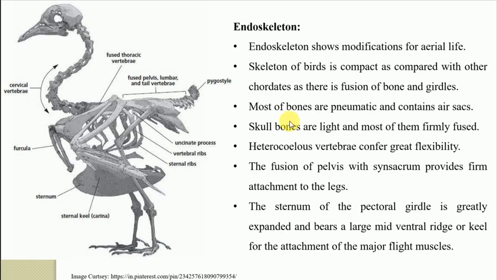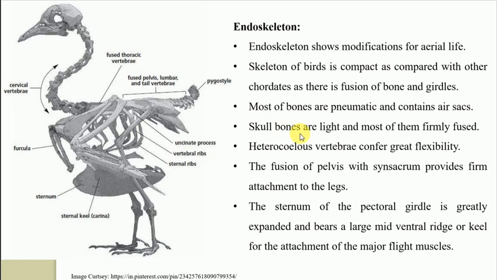Most of the bones are pneumatic and contain air sacs. Pneumatic bones do not contain bone marrow, and this is again one of the adaptations shown by the birds for reducing body weight. Instead of bone marrow, their position is taken by the air sac, and that air sac is also responsible for providing additional buoyancy to the flying birds.